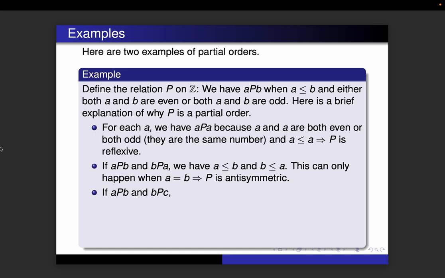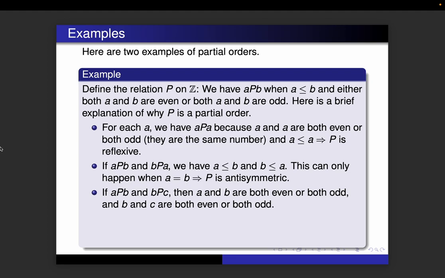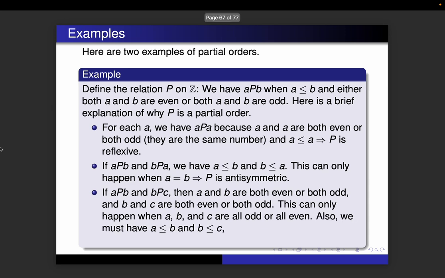And finally, for the transitive property, if A is related to B and B is related to C, we know A and B are either both even or both odd. B and C are also both even or both odd. And since we have B in both of those statements, and it can only be odd or even, but not both, that tells us that A, B, and C are all three odd or all even, which means that A and C are either both even or both odd.